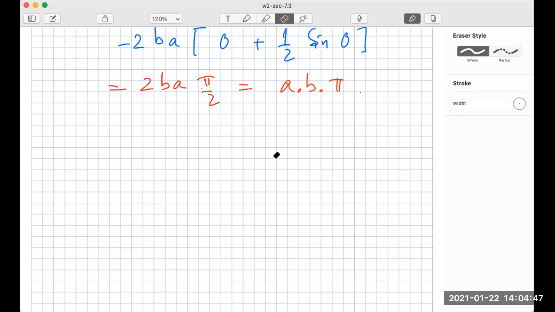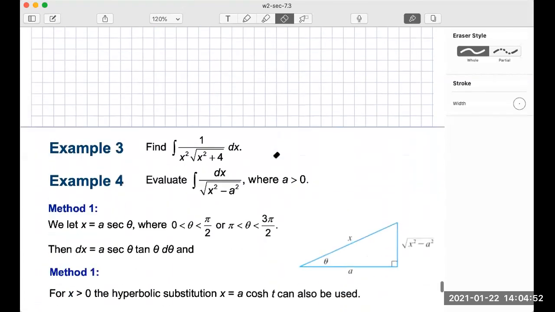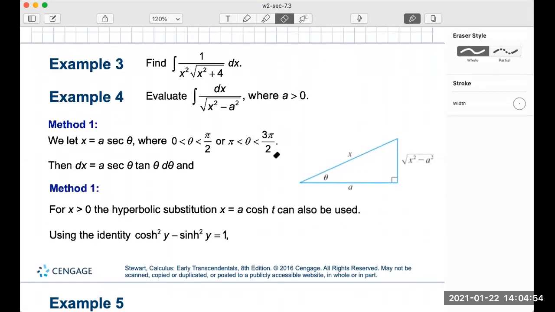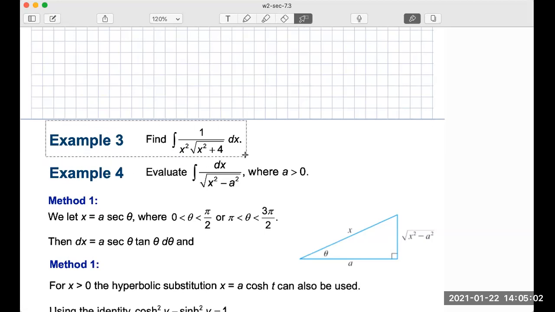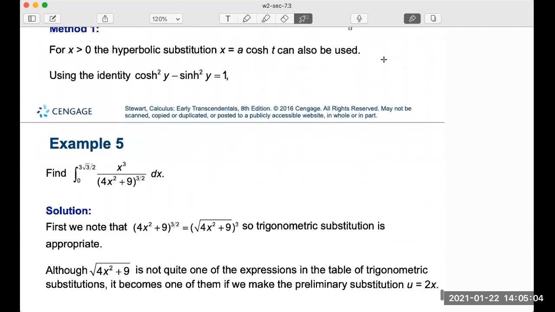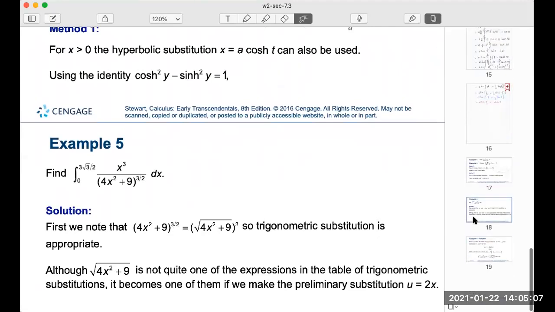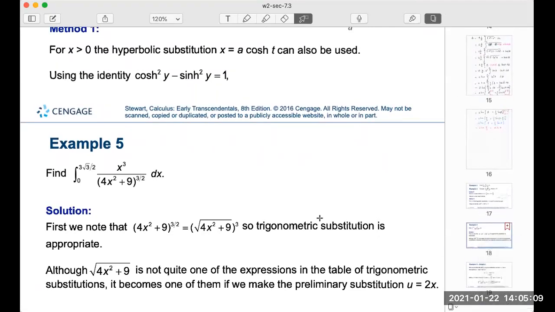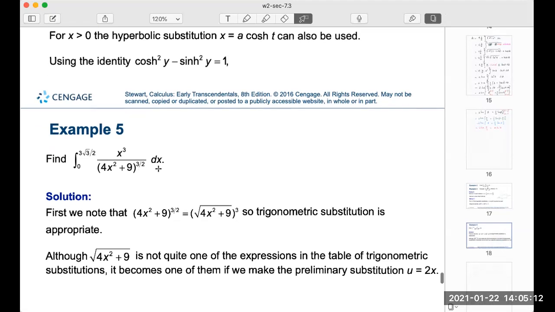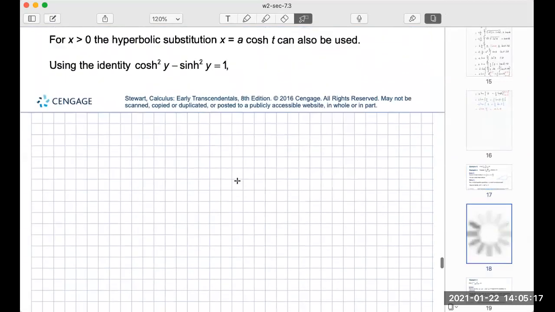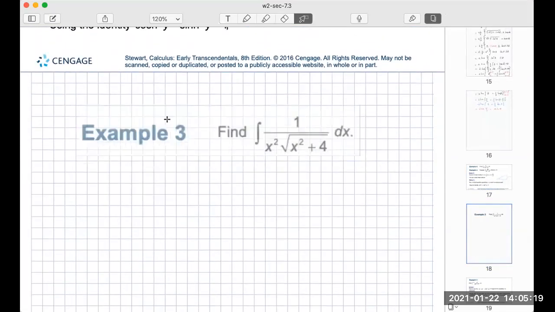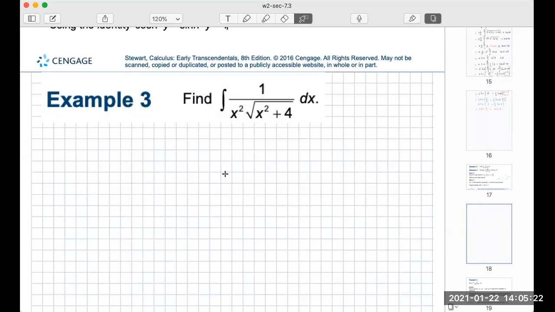Okay, so now let us summarize. Okay, let us do example 3 here. Now the same story.